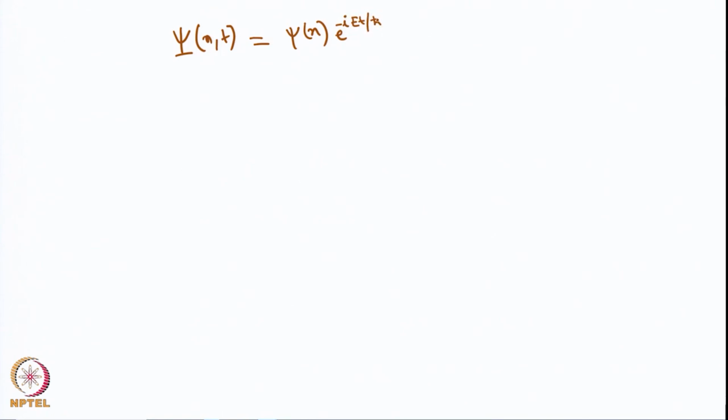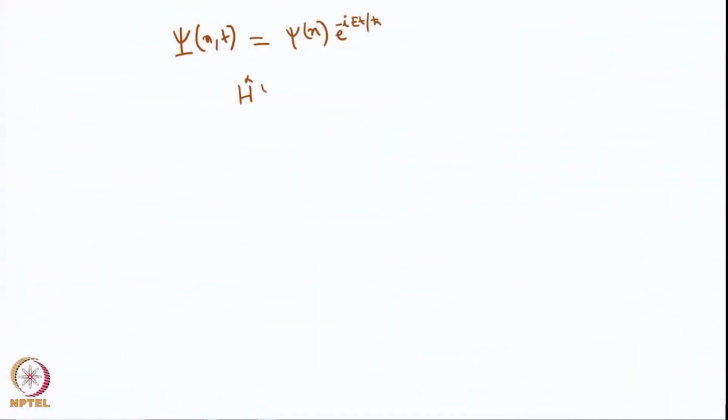Unfortunately, I still do not know how to solve for psi of x, because for that I need to solve H psi of x is equal to E psi of x. Solution to this equation, the time independent Schrodinger equation, is beyond the purview of this course.